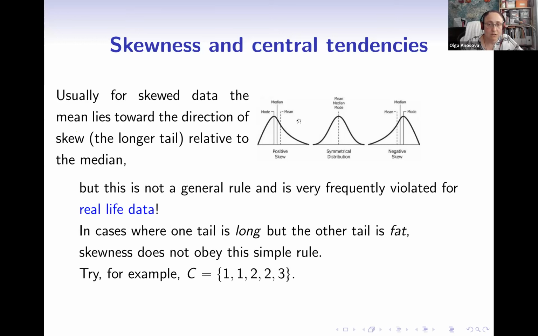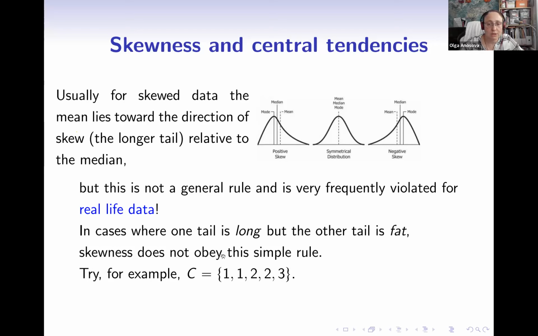And in fact, this general rule is very, very frequently violated for real-life data. In particular, when the tail is very long, but another one sort of compensates for that with a fat tail. Well, a very simple example of the smallest distribution I can think of is this one.